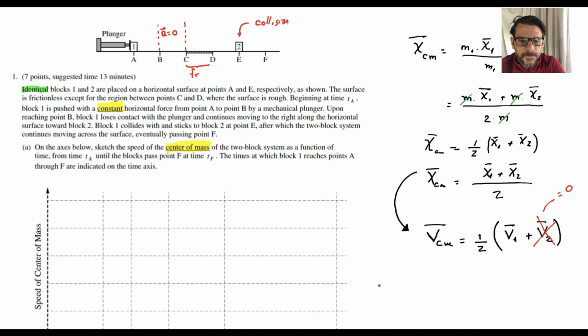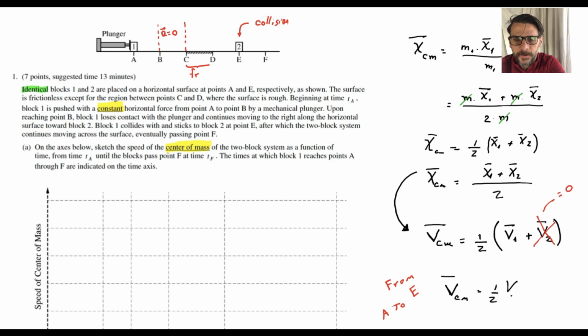So from, let's write it this way, from A to E, that means from the instant in which the problem starts until the instant in which the collision occurs, we can state that the velocity of the center of mass is just going to be 1/2 of the velocity of the first object.